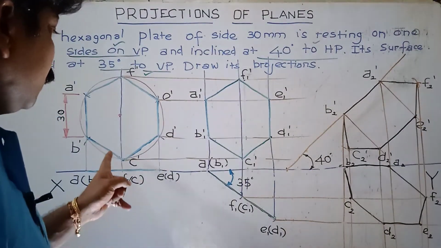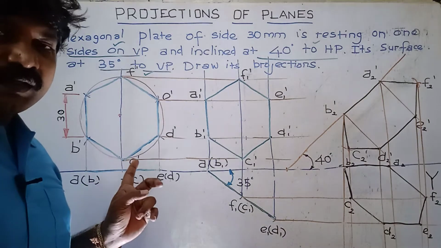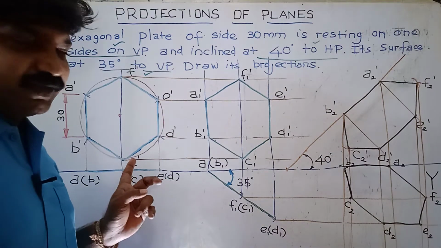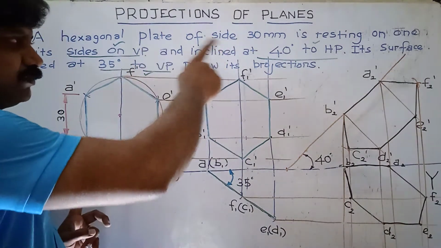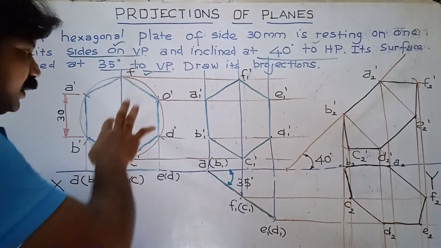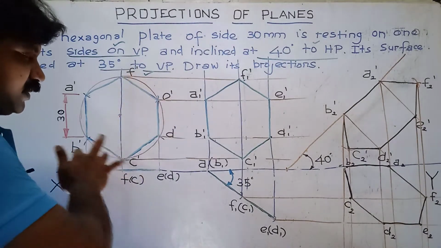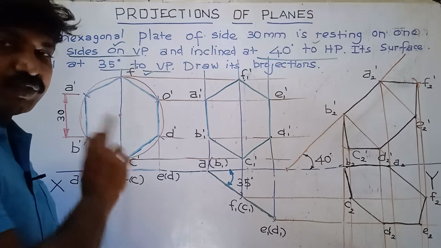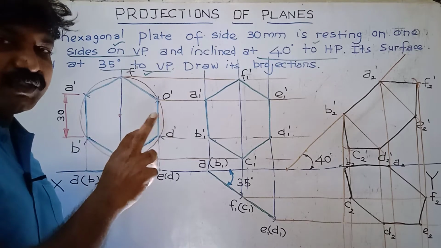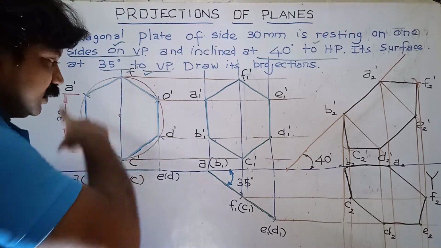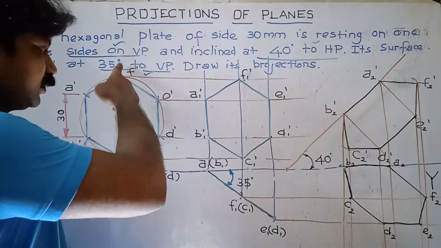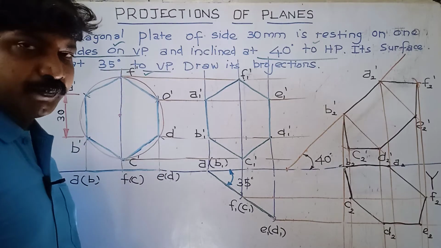So how to draw the hexagon? A simple method is there. With our 30 mm side as radius, draw a circle using a 2H pencil, using the compass. And then draw a vertical line passing through the midpoint using a 2H pencil.